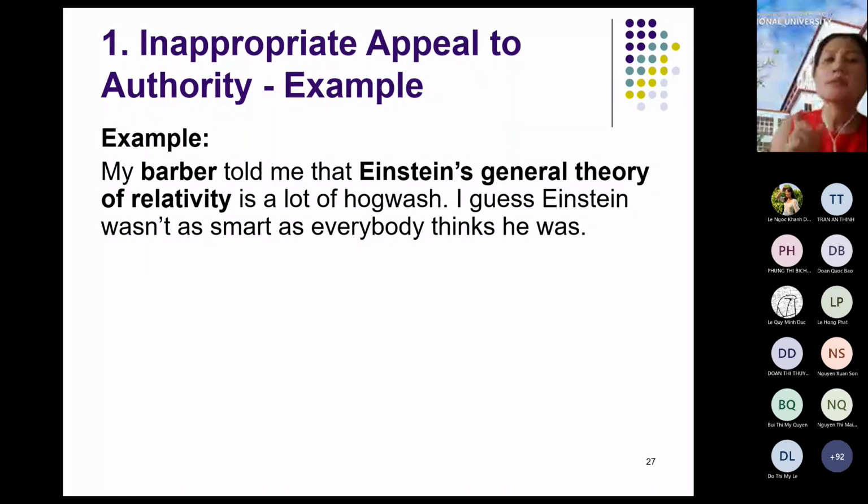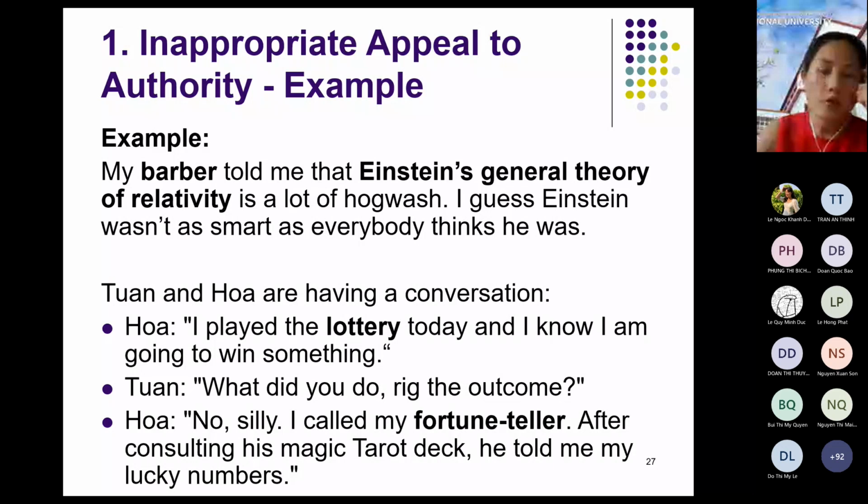In this case, it's not a good authority, because a barber is not a person who has knowledge or did research in this field. So we cannot cite and make a conclusion like this. If a person makes an argument like this, the argument makes the mistake of inappropriate appeal to authority.